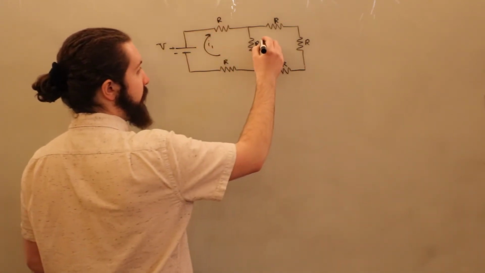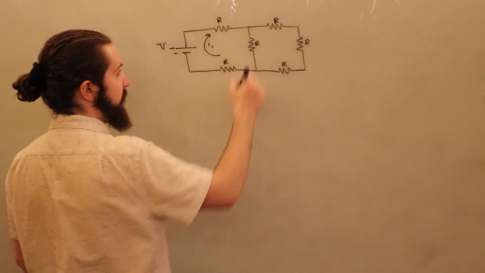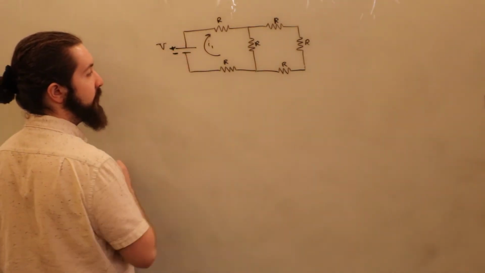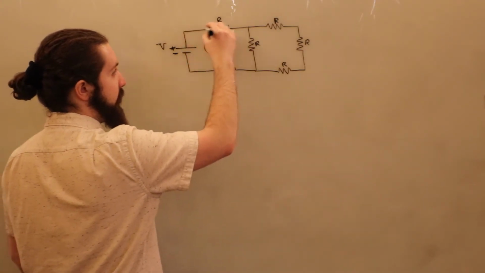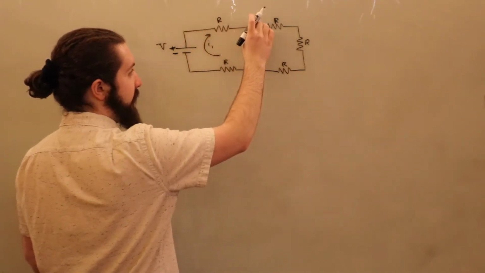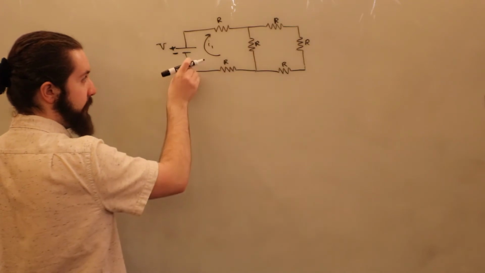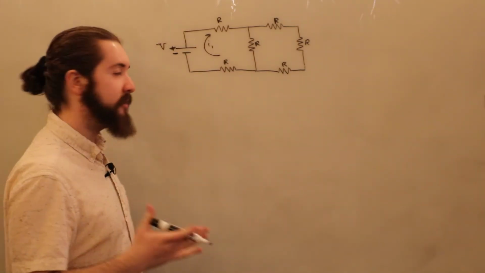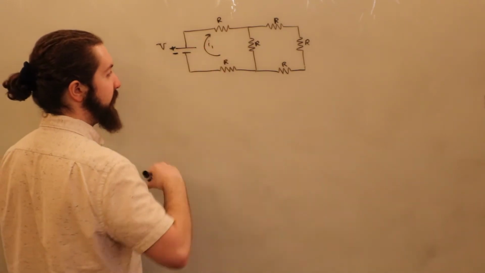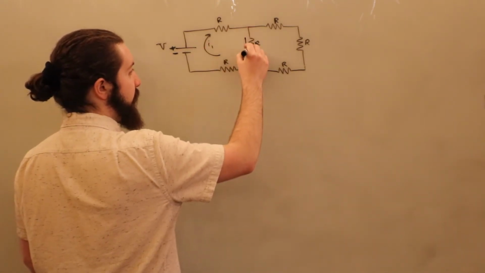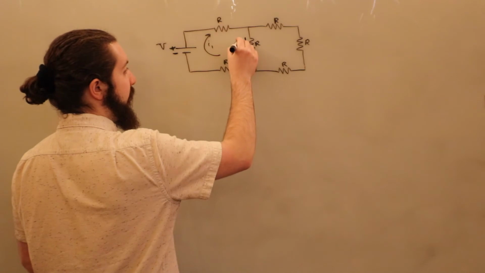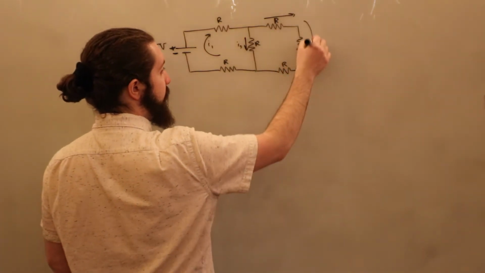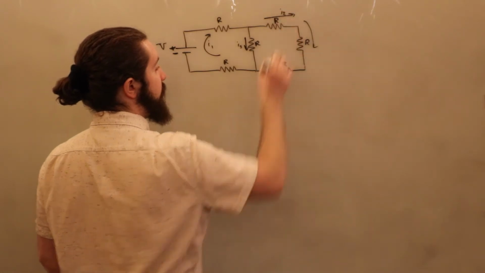Then we're going to have another current just going through this middle branch, which, since this is the positive terminal and this is the negative terminal, we're going to be expecting current to flow through like this and then split and both go down and come back here. And if you get the direction wrong, you'll just get a negative sign in your answer, but this is what we expect to happen. So this we'll call I3, and we'll call this one, which goes all the way around here, I2.